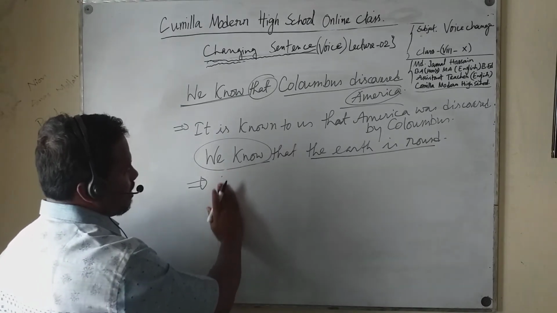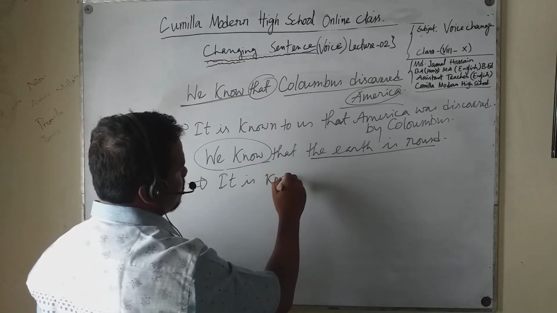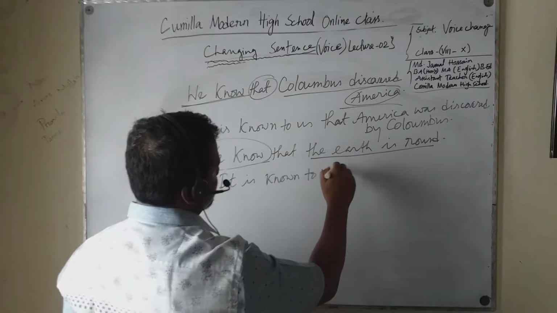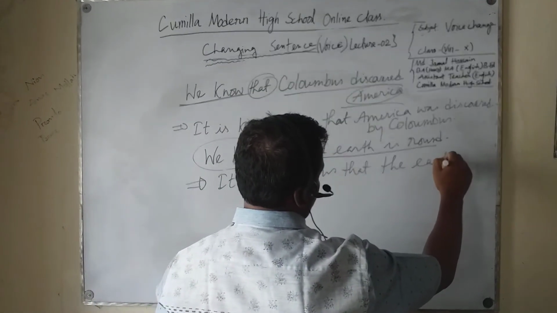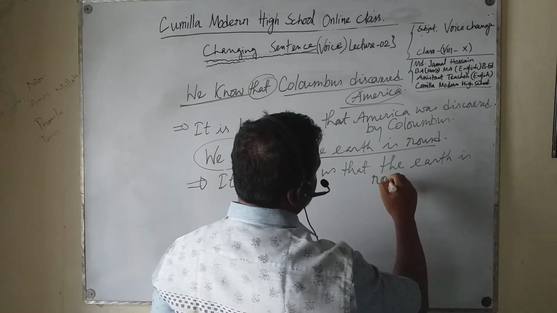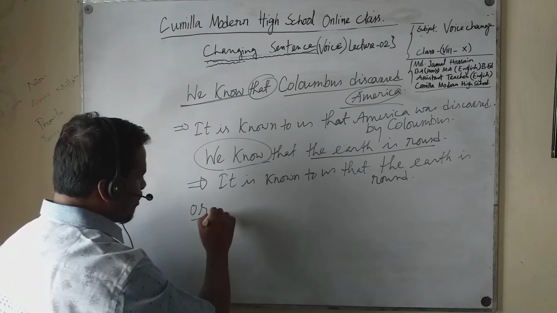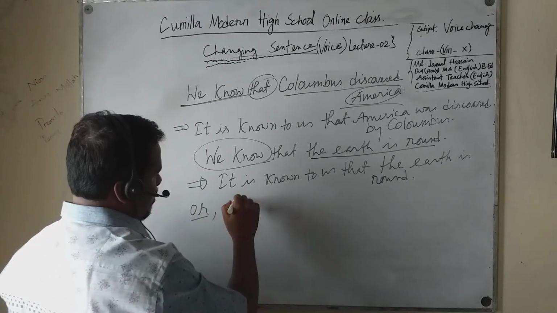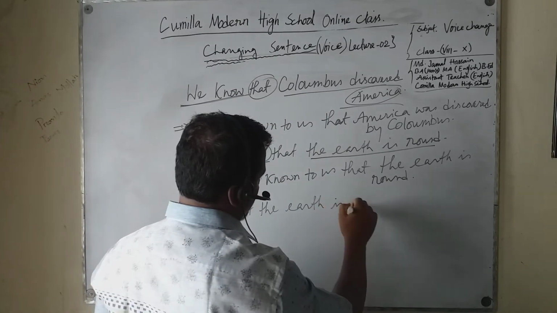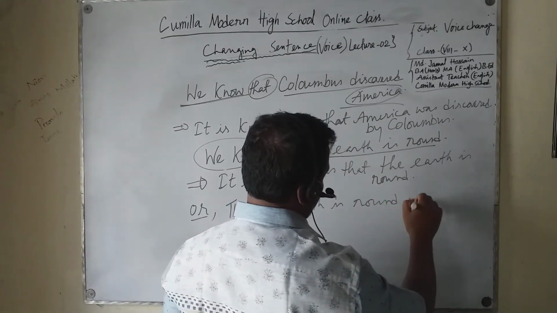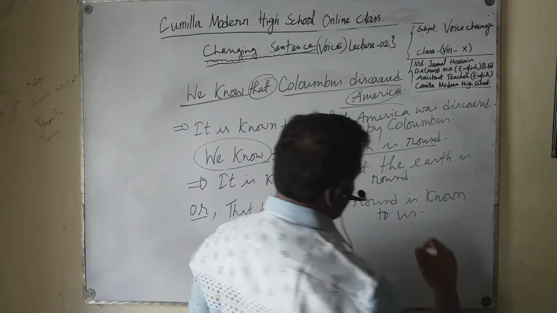You can do it in two ways. It is known to us that the earth is round. Or you can write that the earth is round is known to us.